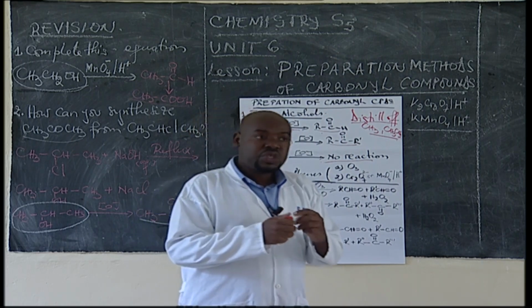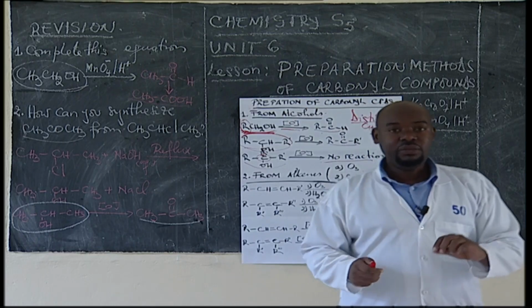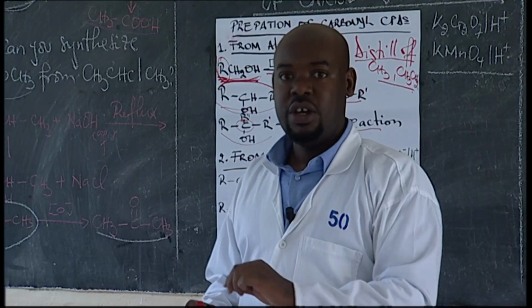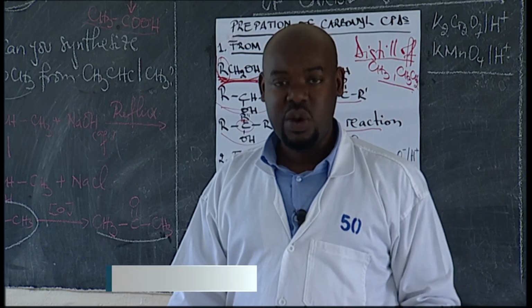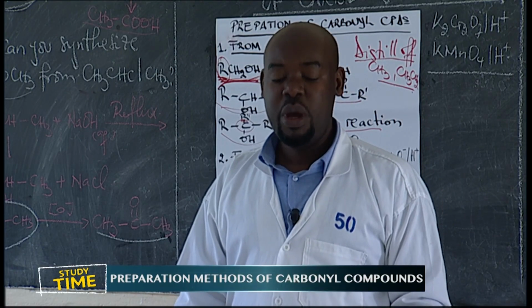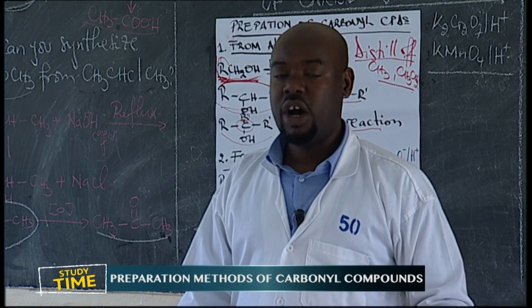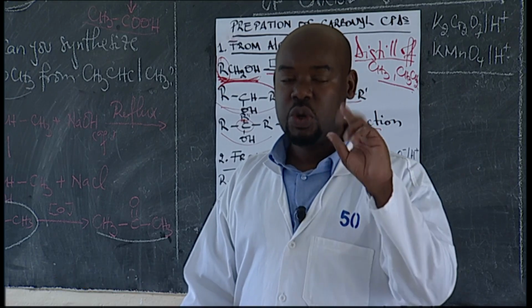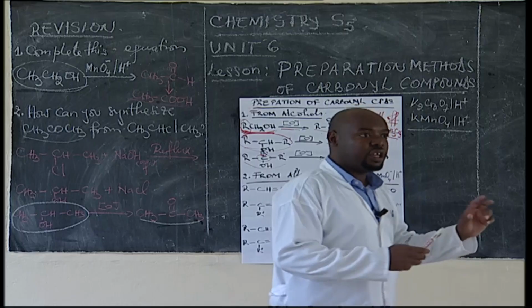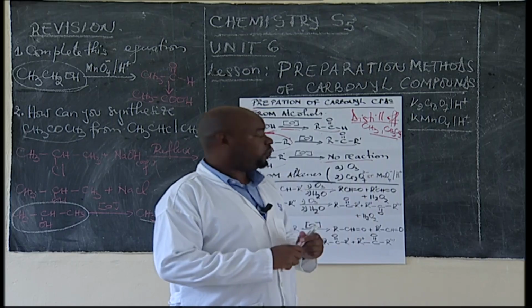And that is the reason why, in some cases, we can use the oxidation reactions to distinguish alcohols. You remember the chemical properties of alcohols and the chemical tests of alcohols. We can use oxidation to distinguish the different classes of alcohols.